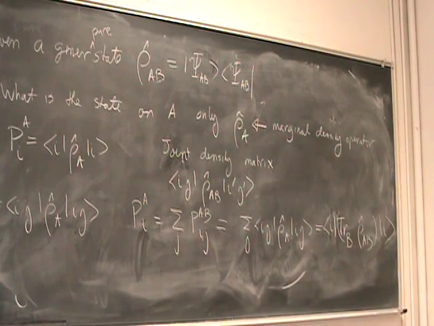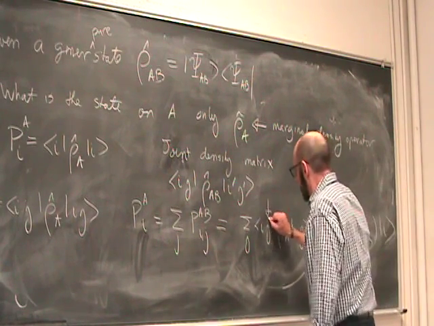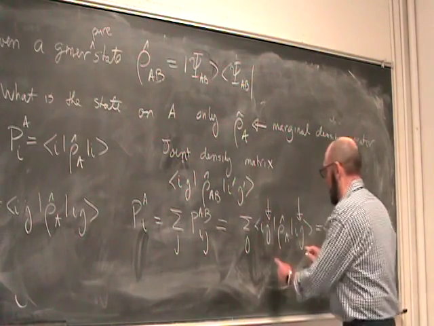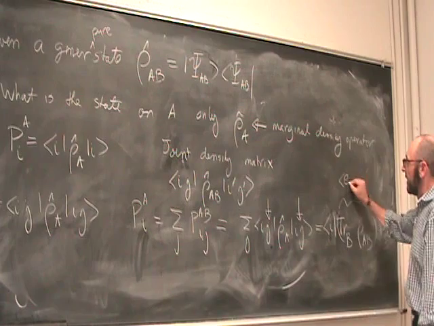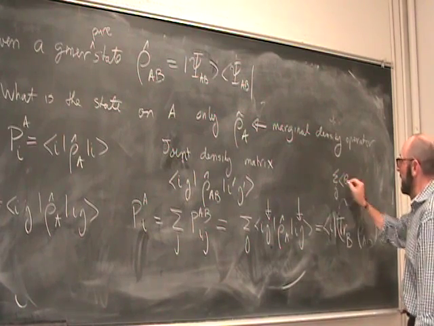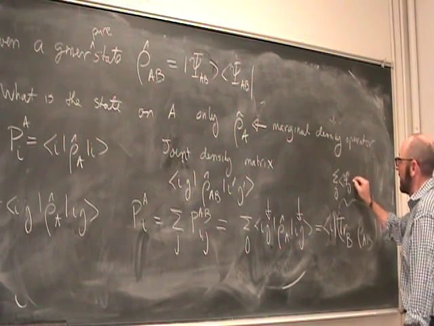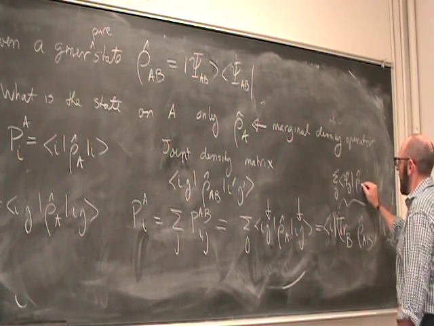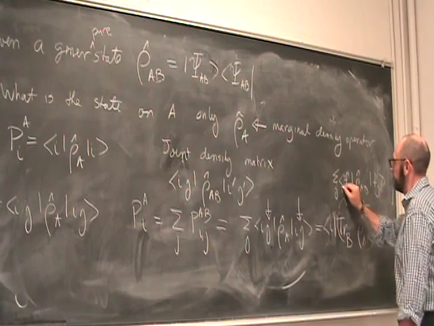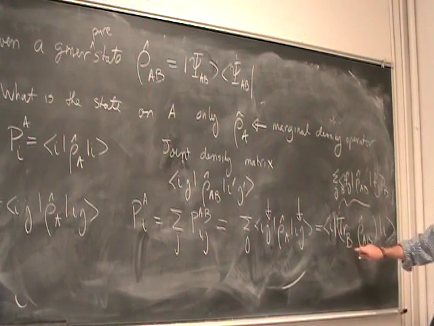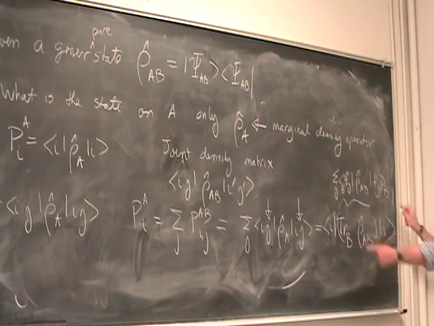What does tracing over system B mean? It means summing. The trace over system B in this case is the sum over J of Fj rho AB Fj for system B. That's what this is, because when I plug that in, I get that.